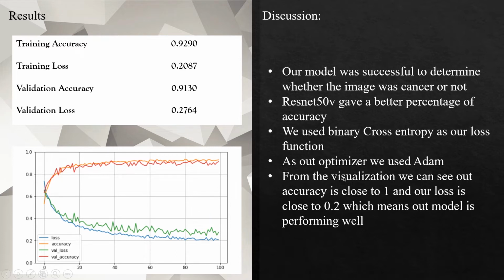That means our model is performing very well, and we can see that ResNet50V2 is giving better accuracy because ResNet is using a skip connection. Researchers found that deeper models sometimes perform worse than shallow models because of having too many parameters.